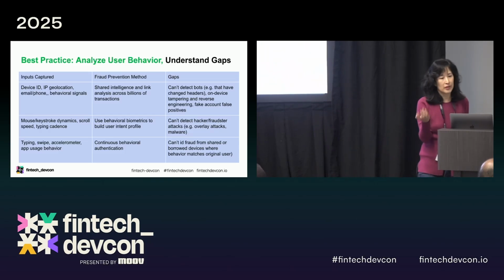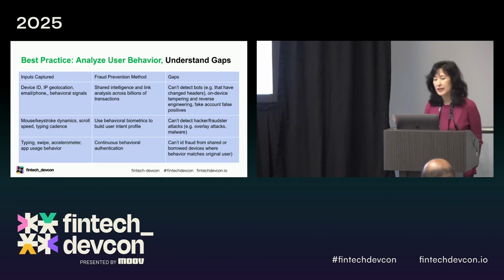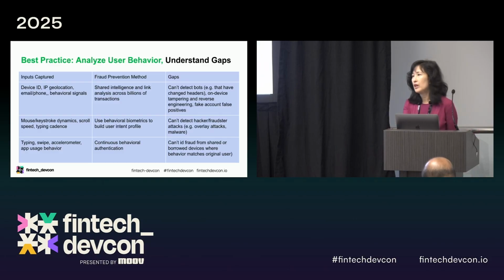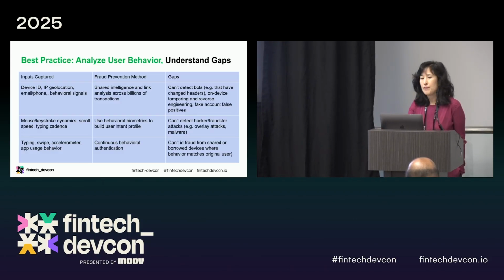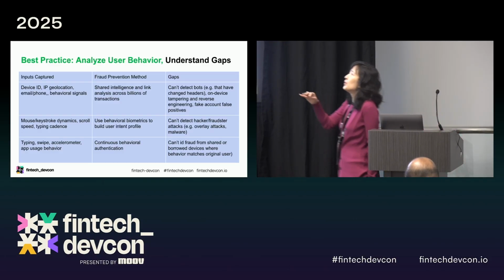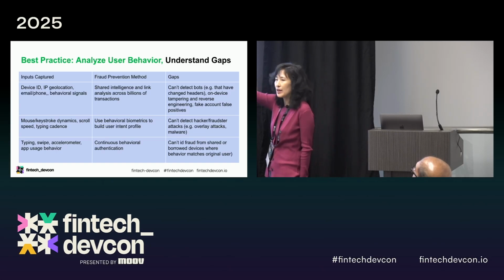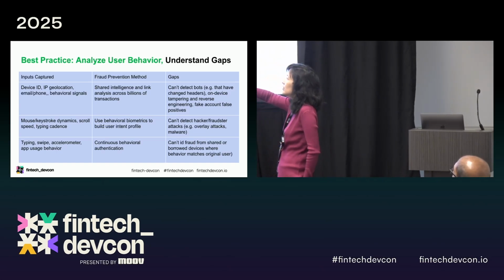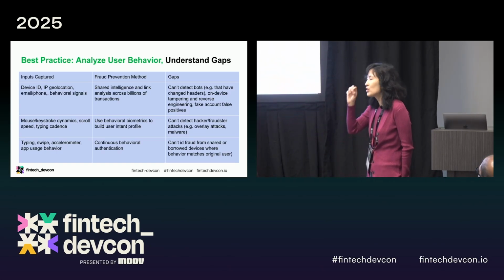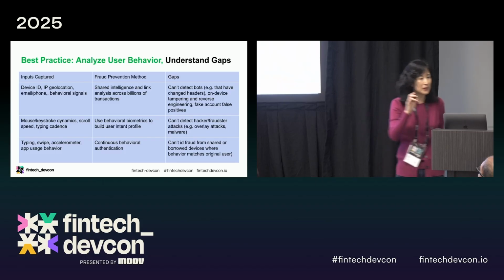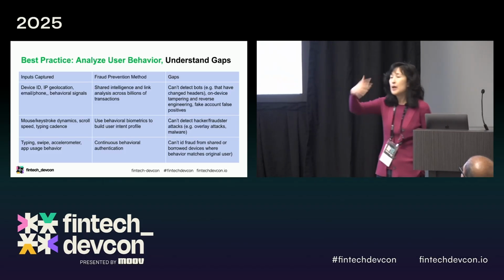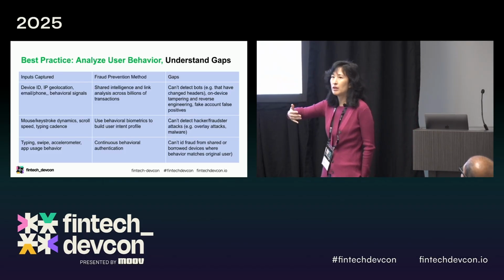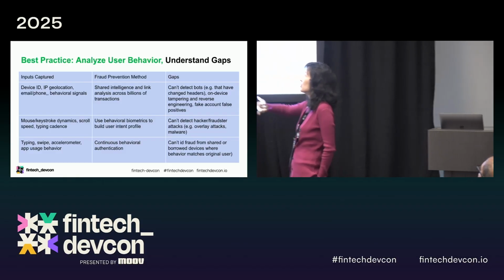A lot of solutions out there will have this shared intelligence and do link analysis across billions of different transactions. Companies will also do mouse and keystroke analysis, so they're tracking your scrolling speed, your typing cadence, and so forth. So basically building a profile of users.